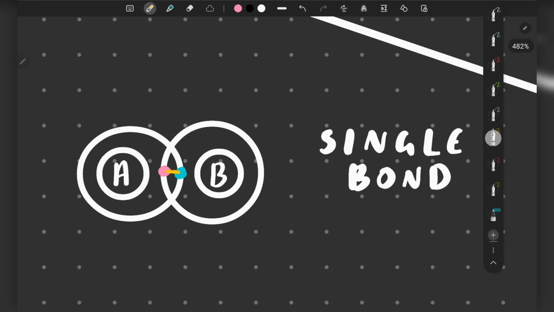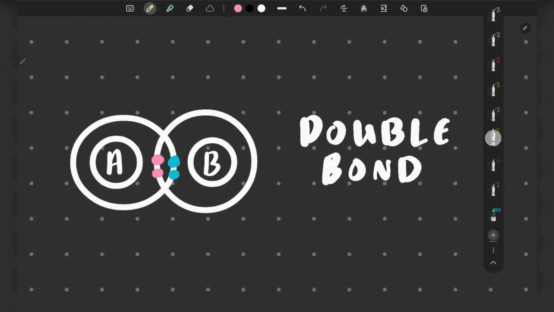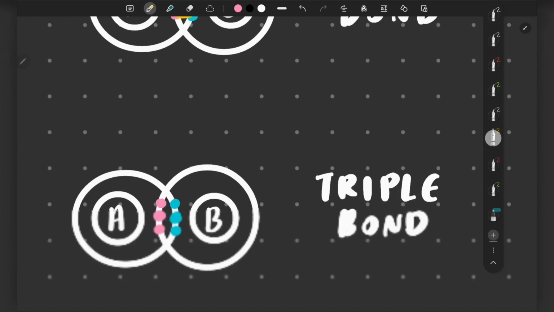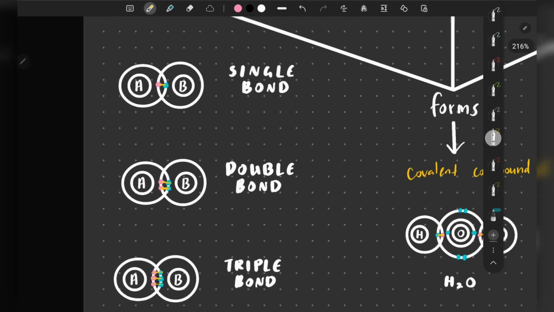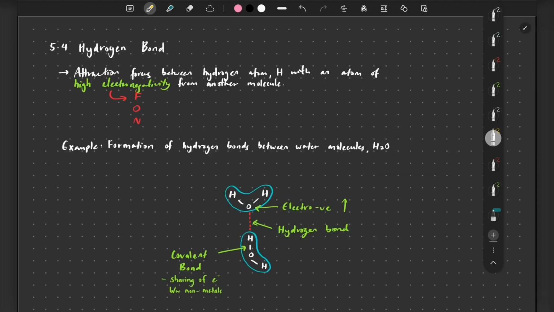There is one pair of electrons shared between the two atoms. And then this is the double bond. This is one pair, and then the second pair. And the third bond is this one. So that is how we classify single, double, and triple bonds.